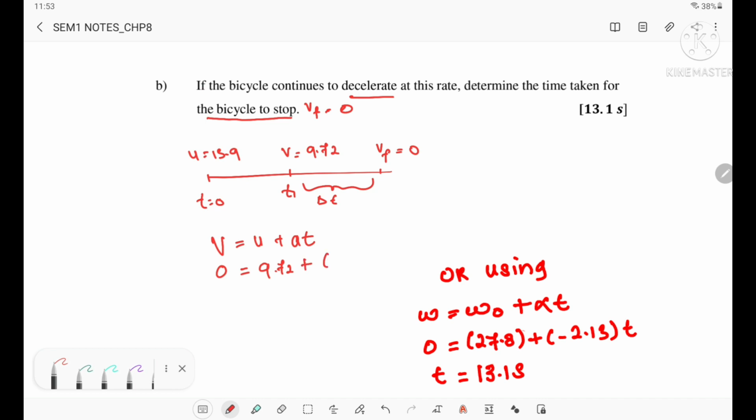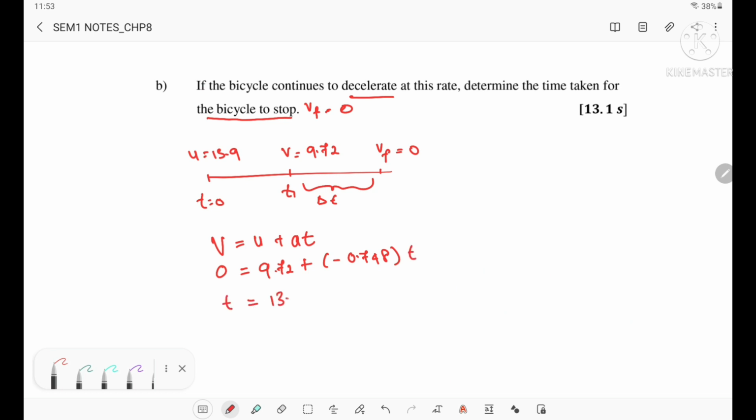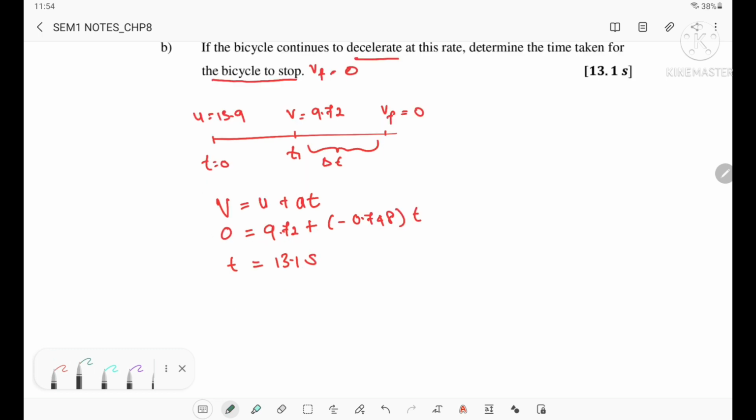We use the same acceleration, which is equal to minus 0.748, times t, so we can calculate the value for t is 13.1 seconds.